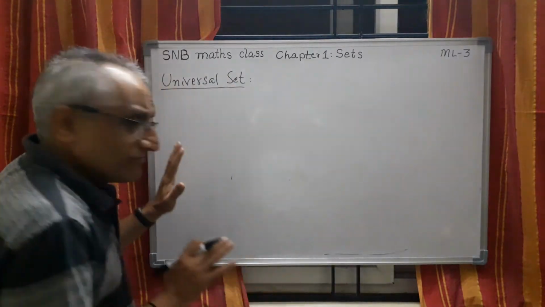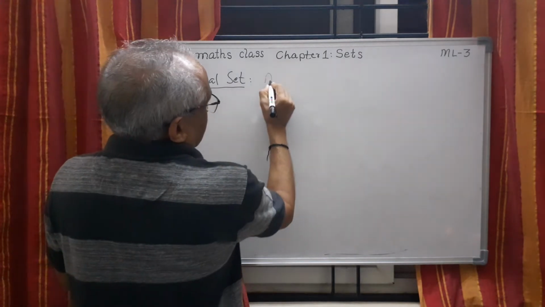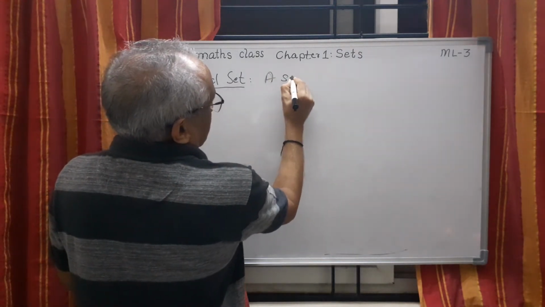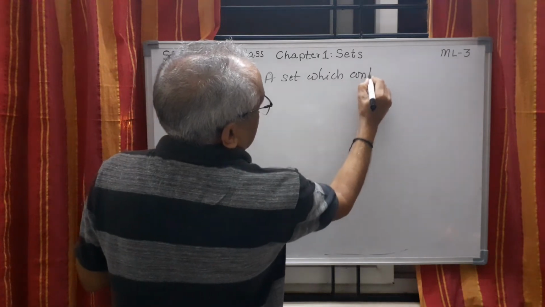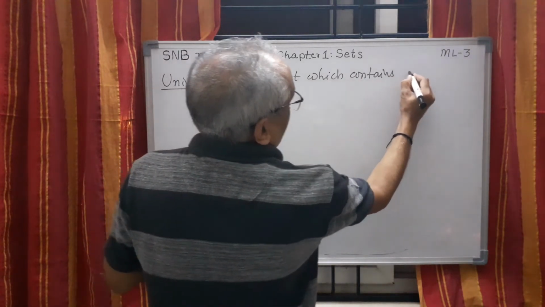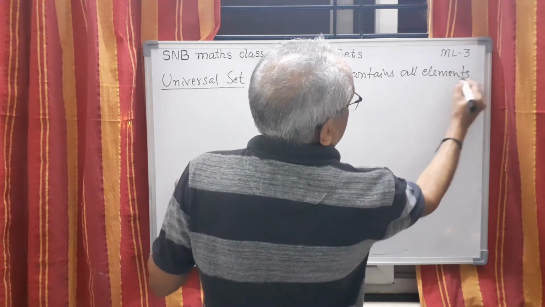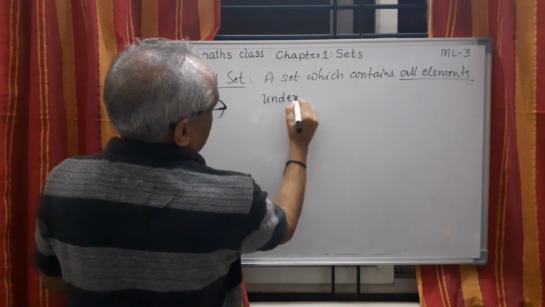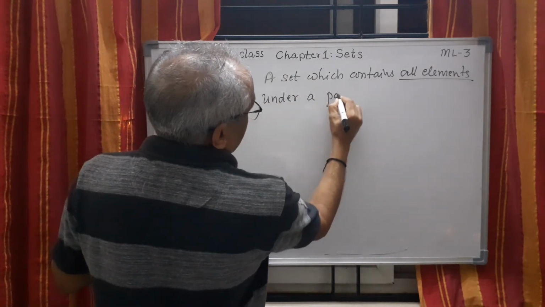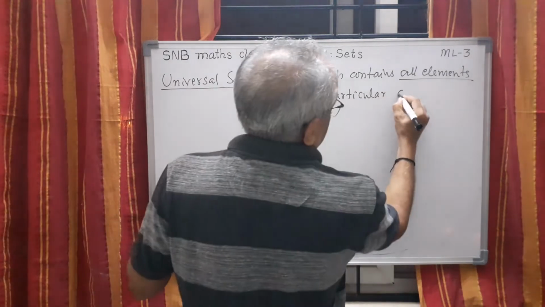Therefore, I can roughly define this universal set like this: a set which contains all the elements under a particular context.